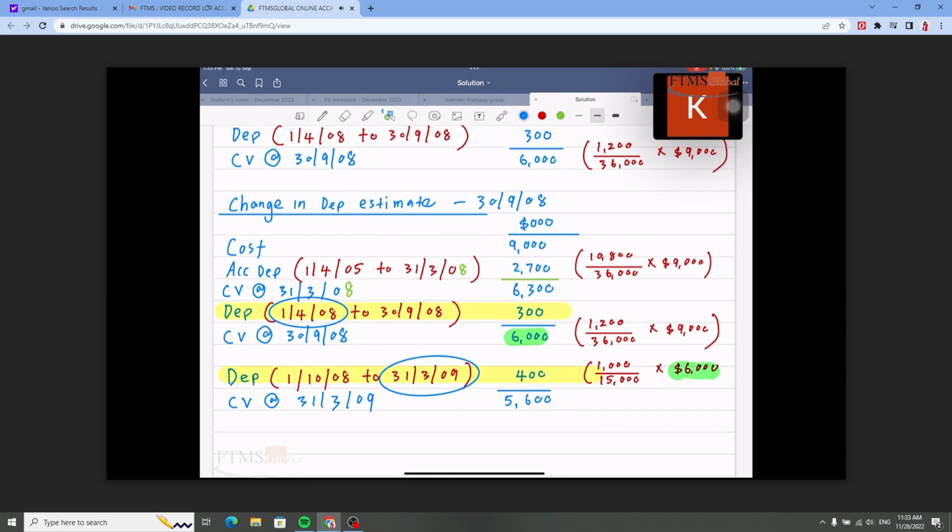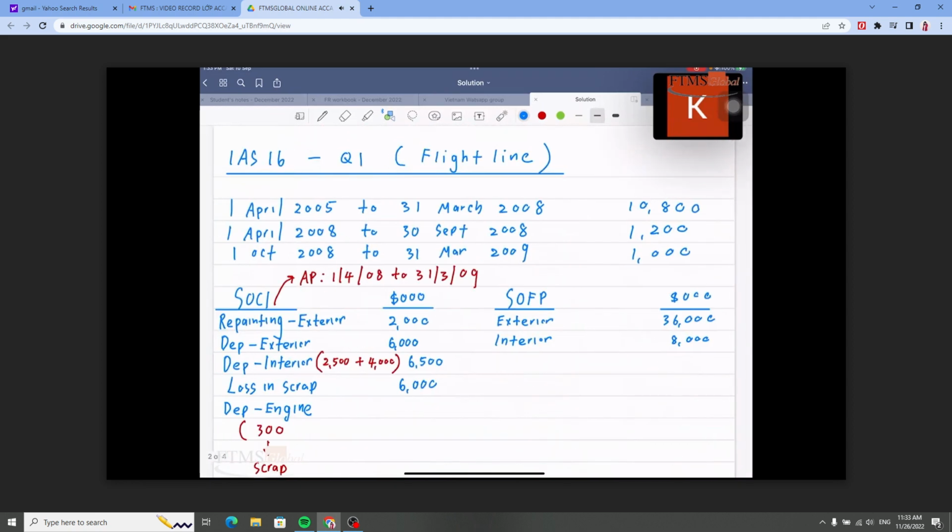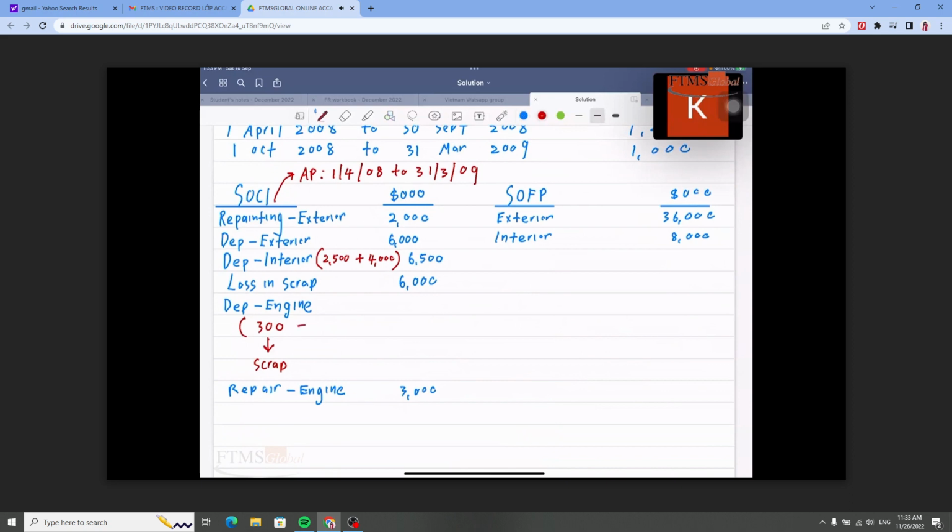Okay, so let me just update the SOCI first. SOCI depreciation 300 plus 400. Okay, so I put here plus 300 plus 400. So these two come from the change in depreciation estimate working.